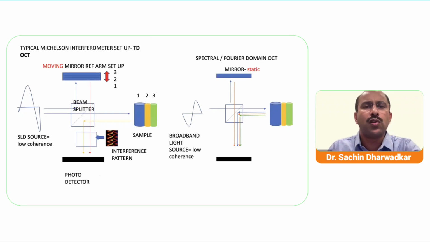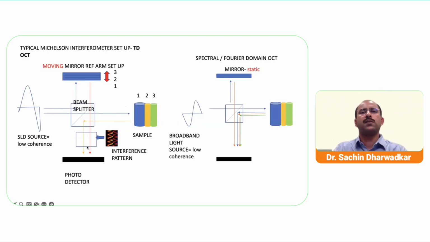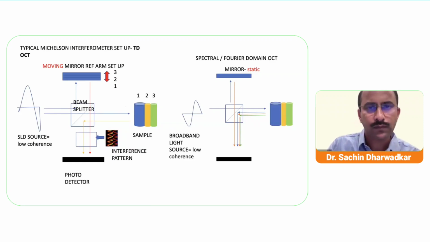But the basic core of any OCT machine is the interferometer setup seen in the center, where you have a light source, a beam splitter, a reference arm, a sample arm, and then the detector. So this is common to all the OCTs. Now, depending upon how the light source and the detection arm are handled, these devices give you differences in their performance and output.